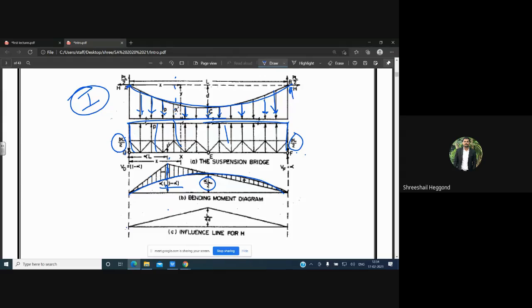If I apply a unit load at one end and it moves from one end to another end, because of that movement of the load, how your bending moment is changing will be drawn in the influence line diagram. This is the influence line diagram for the structure, and it can be drawn. We'll be having some numericals for influence line diagrams in our next chapter.